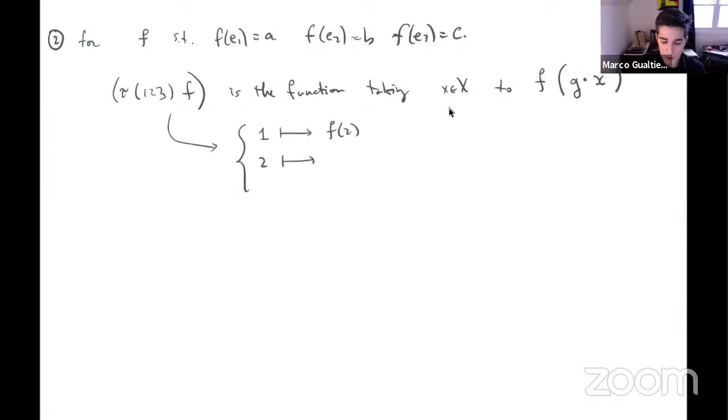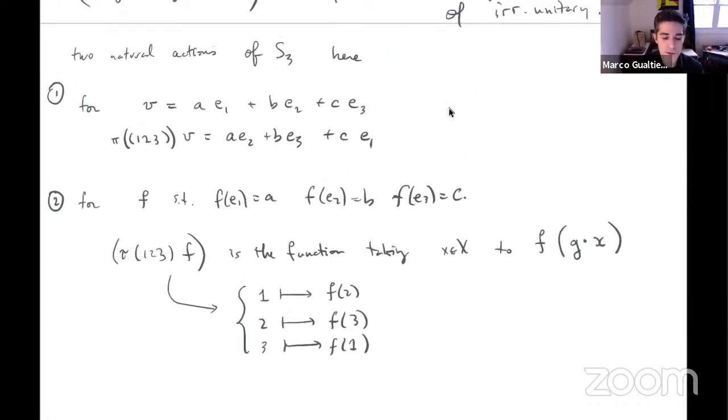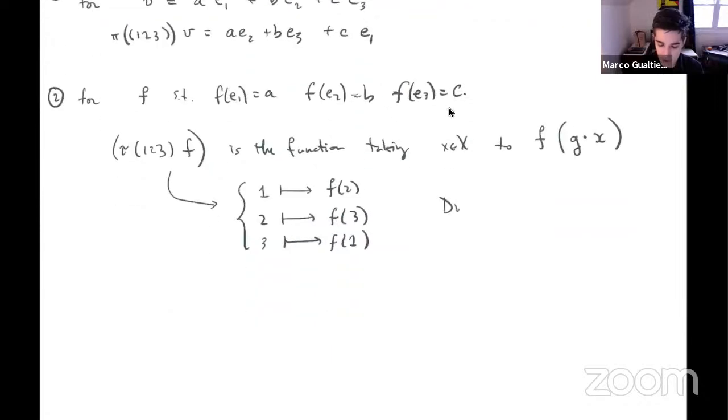It's going to take 2 to f of 3, and it's going to take 3 to f of 1. You see the similarity with dual spaces, right? This is really what's happening, that the functions on this set are dual. There's really a duality between these two vector spaces, even though they're both really simple. One is the dual of the other. And this is called the dual representation of the one above.